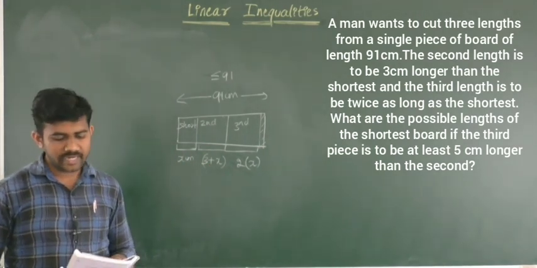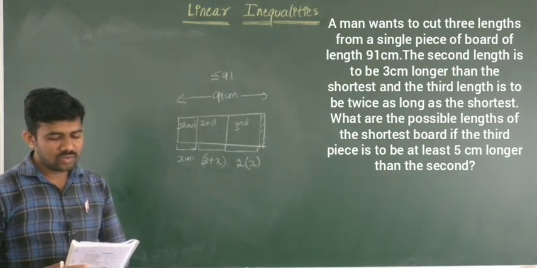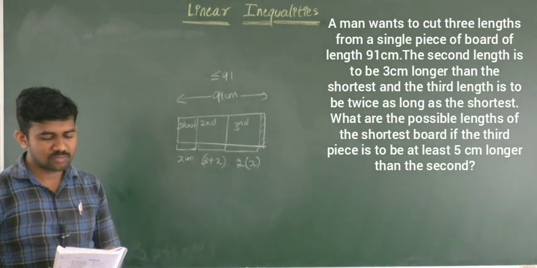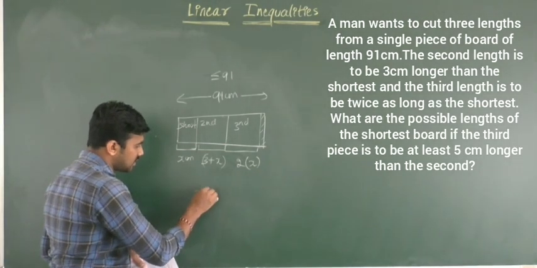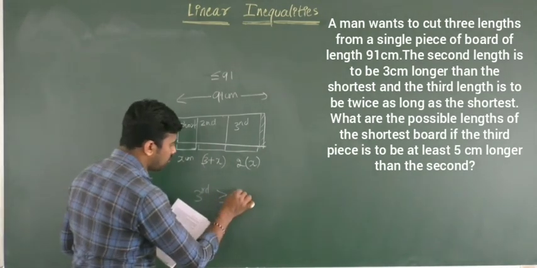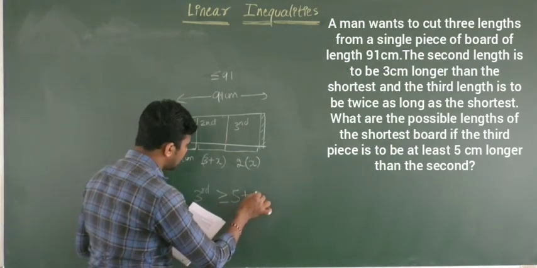And also they mentioned here what are the possible length of the shortest board if the third piece is to be at least, or greater than or equal to, 5 centimeter longer than the second.